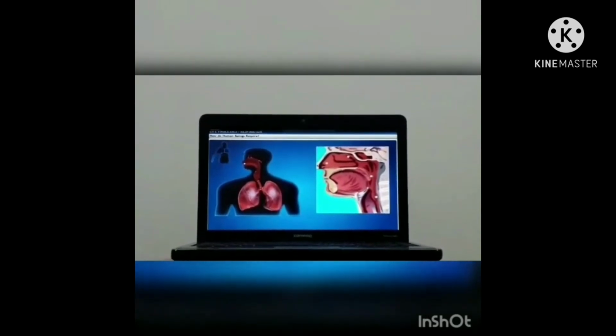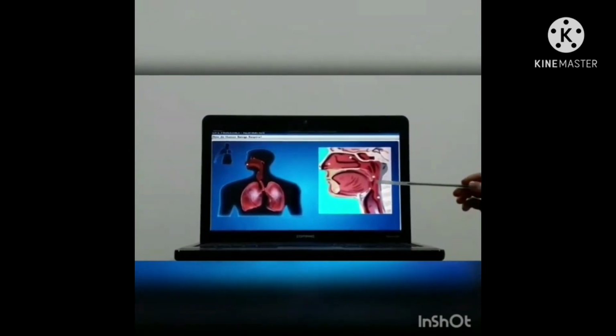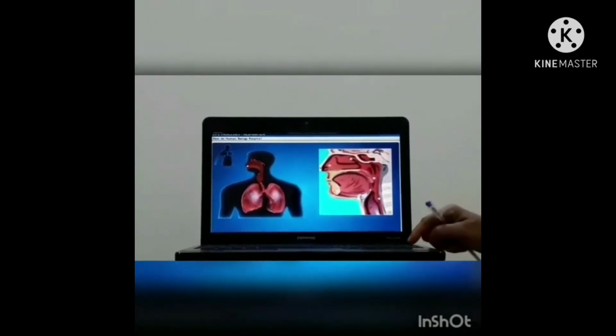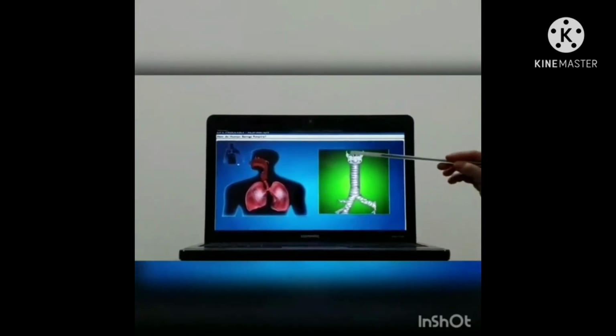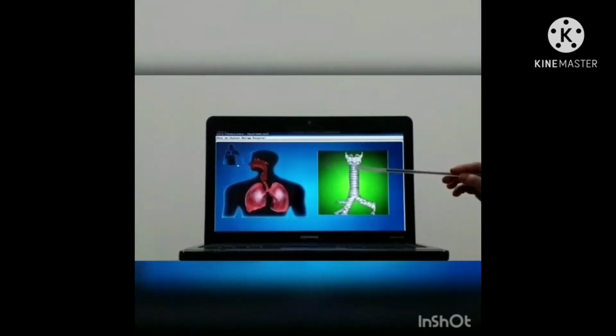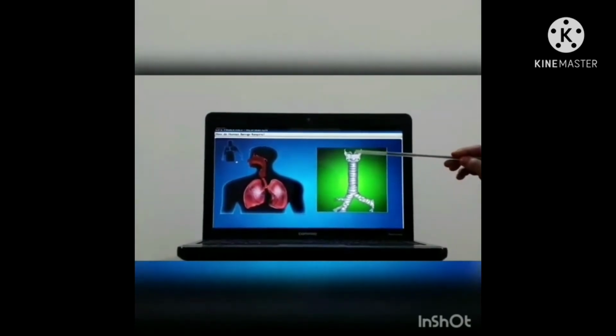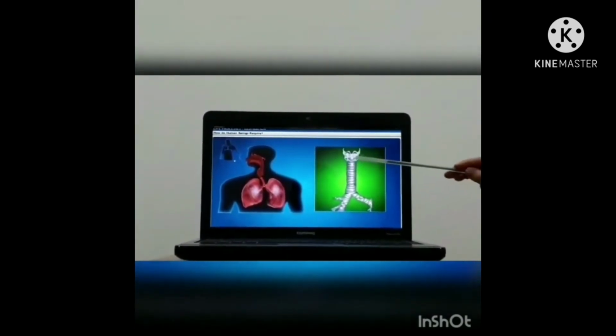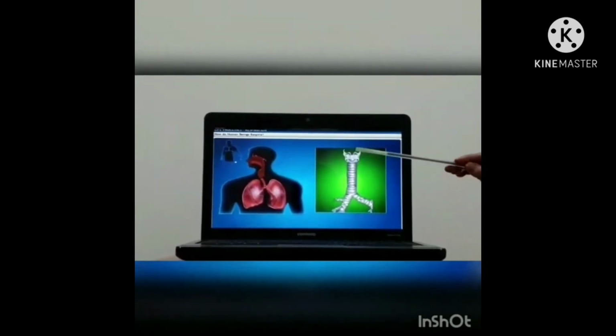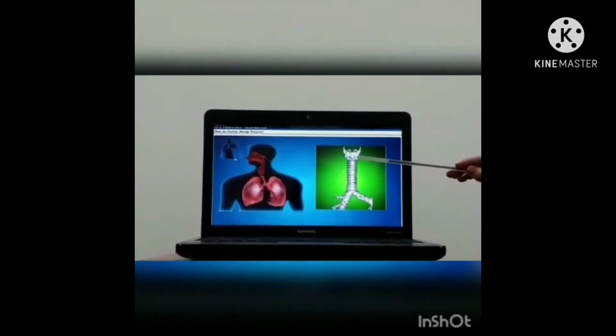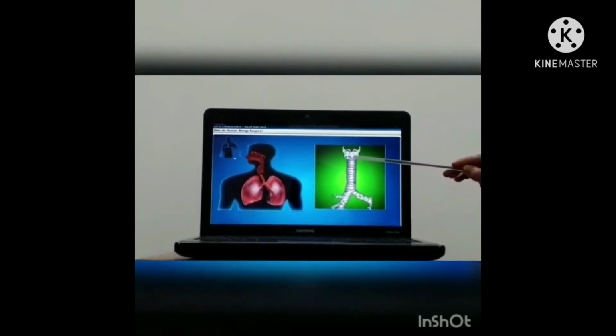Pharynx is the common passage for the digestive and respiratory systems. Next is the voice box or larynx. Here there is a small opening called the glottis, and while swallowing, food does not enter the respiratory tract because of the presence of a flap-like structure called the epiglottis.